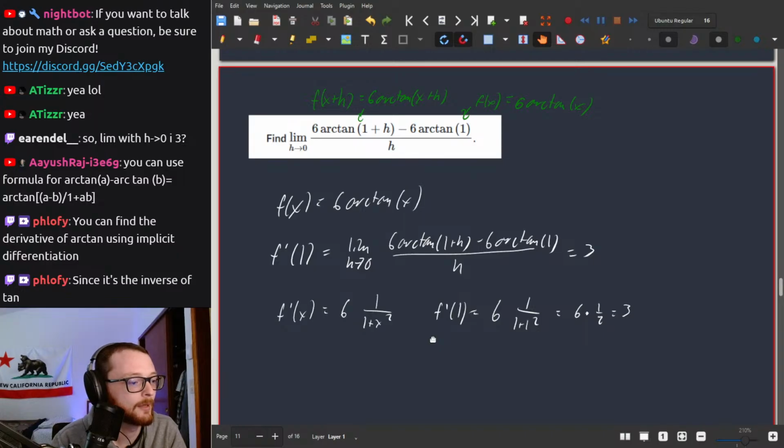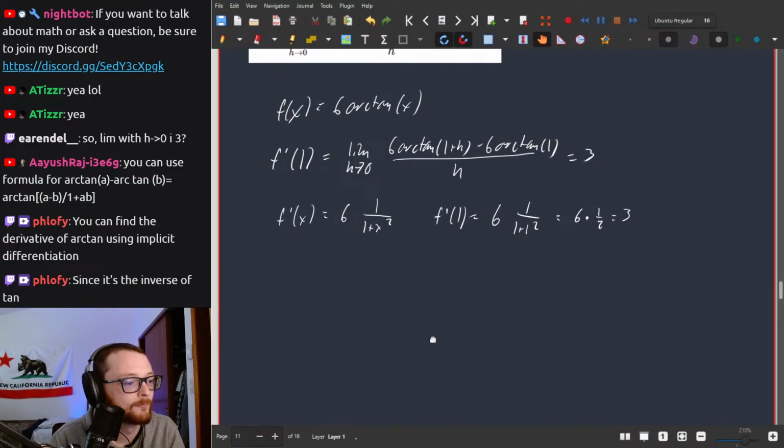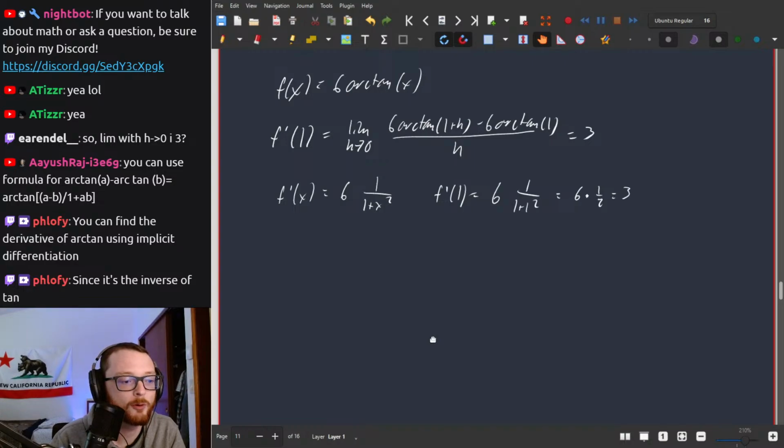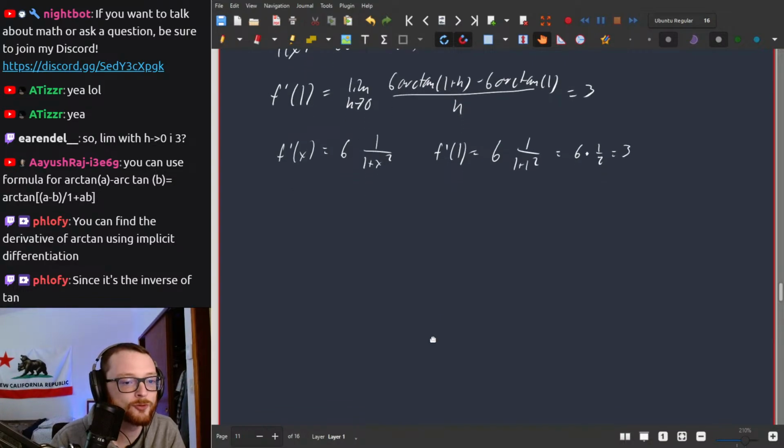True, yeah. Floppy. And also true to Ayush. I didn't know that formula. And so a really nice application of implicit differentiation is, as Floppy is saying, if you want to find out, if you have y equals inverse sine, I'll write it like this.